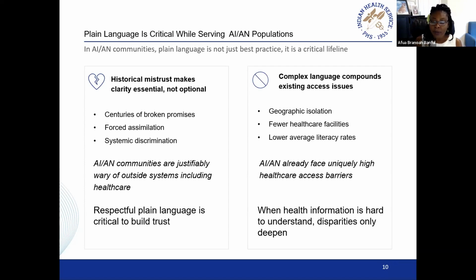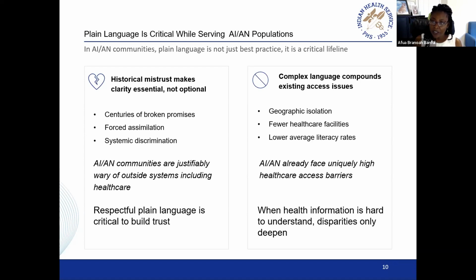So if you are speaking in a way that makes them feel like they don't understand or they are being tricked, it's just a recipe for the trust falling by the wayside even further. So respectful, plain language is critical, especially when you're serving the populations that we serve, right?